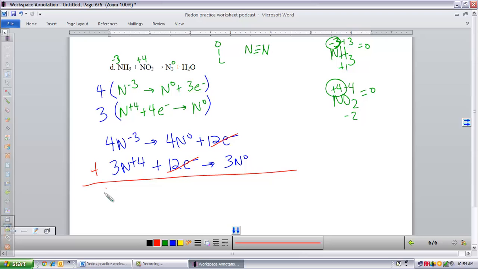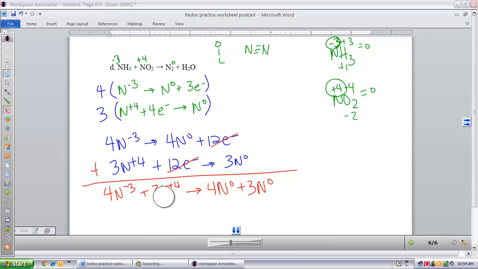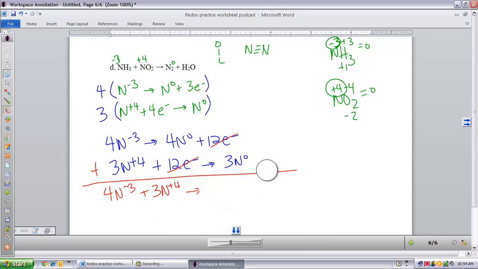These cancel when you're adding them together, because this is the whole reaction. So you have 4 of these. And then on this side you can combine them so that you would have a total of 7.